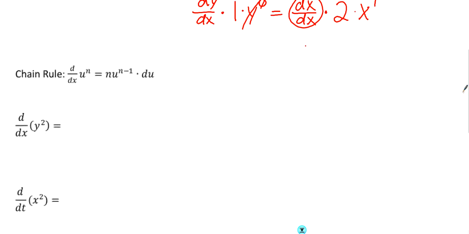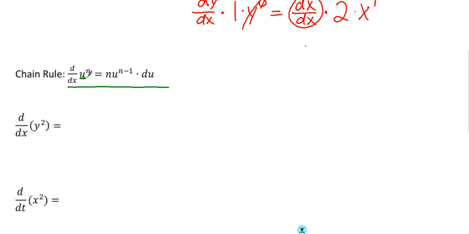So again, let's look at the derivative of y squared. Using our chain rule, and I wrote it out right here for you, if you have u to the n, the derivative is n times u to the n minus 1 times the derivative of u, which is whatever is on the inside.